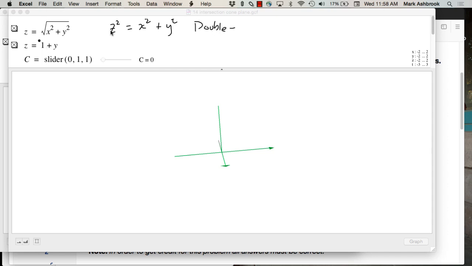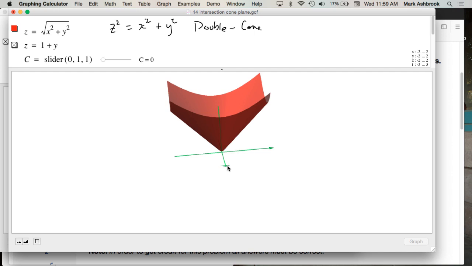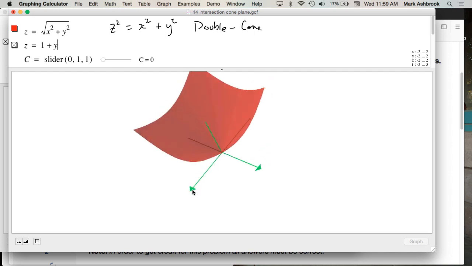So then if you take the square root, you get what? Just the top half. Because when you take the square root, you get plus or minus. So positive z's would be the top, negative z's would be the bottom. So if we just have the positive square root, it's a cone.